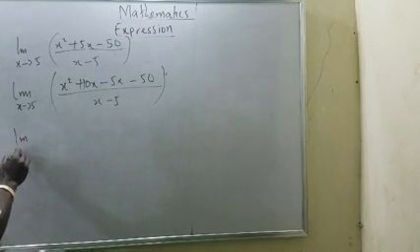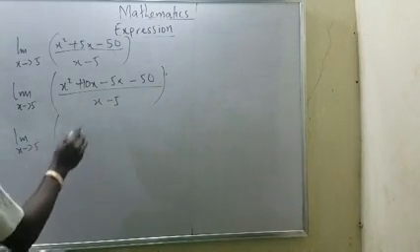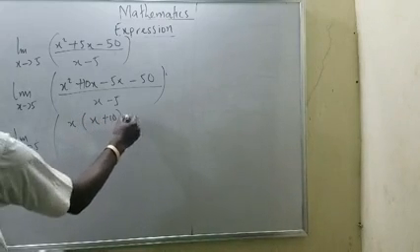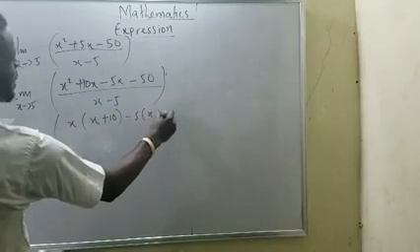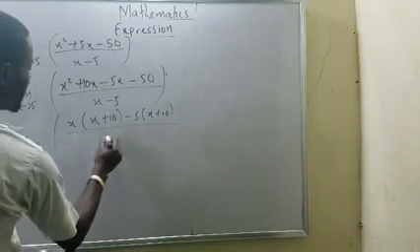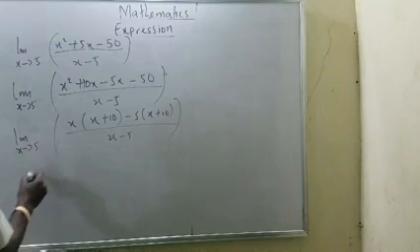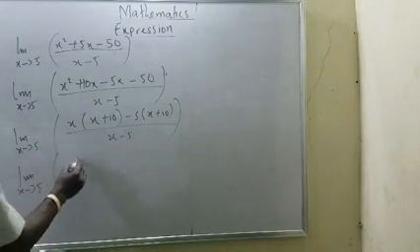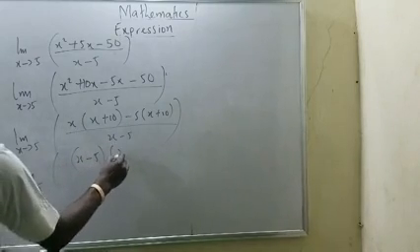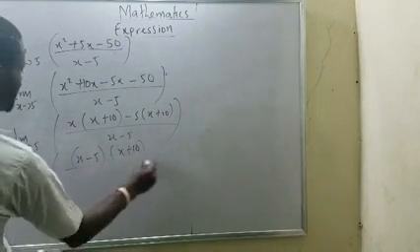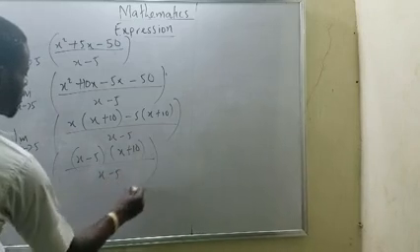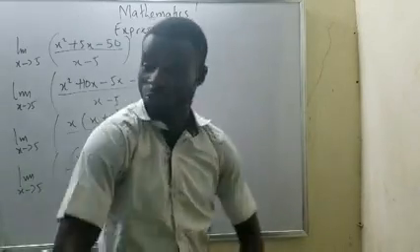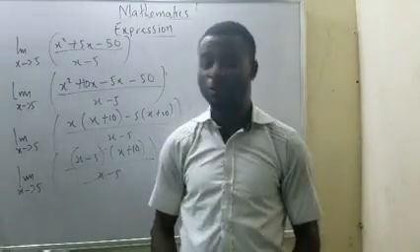I will have the limit as x tends to 5: this will be x, bracket of x plus 10, and this will be 5, bracket of x plus 10, divided by x minus 5. Now, I will have the limit as x tends to 5 of bracket x minus 5, x plus 10, divided by x minus 5. This will cancel this. With this, I think I've done something good to reduce my problem.